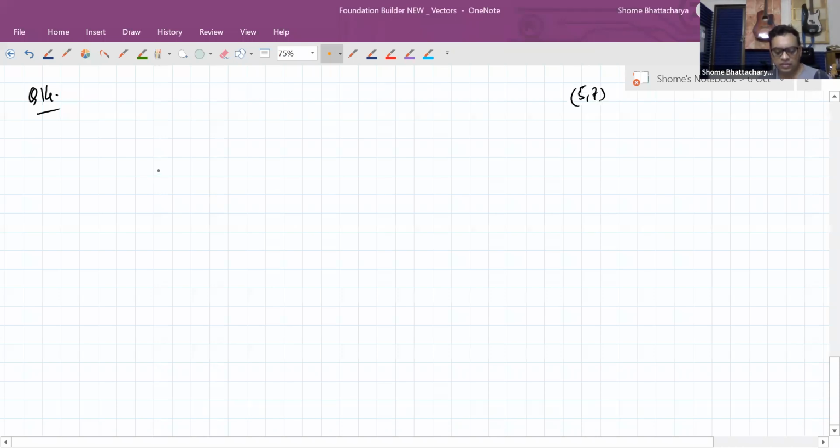So question 14 is saying that first of all, P is a displacement of 10 meters towards east. Then Q is a displacement of 20 meters at 60 degrees north of west.